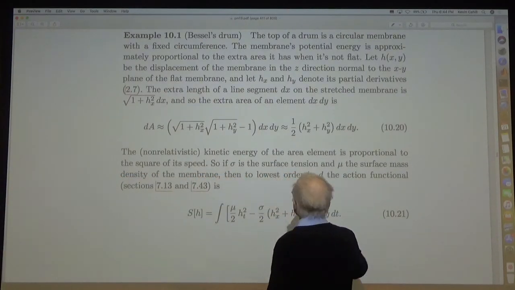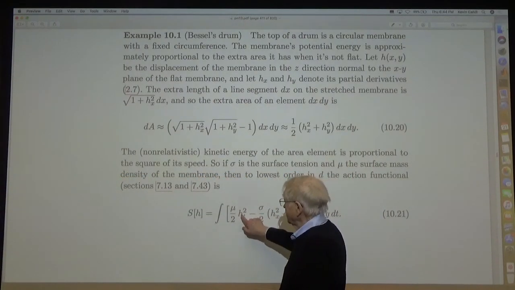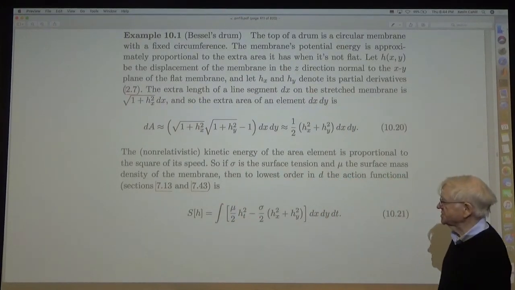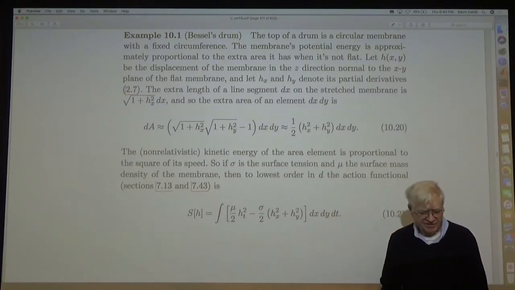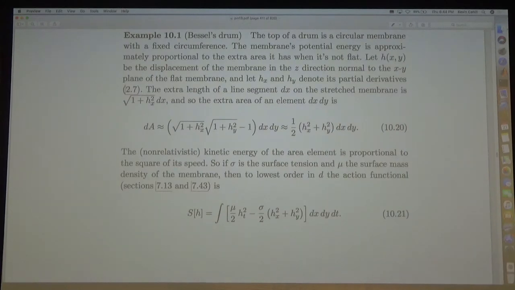The kinetic energy is essentially the square of the speed, so it's the time derivative of the height. And then we have here the potential energy is the sum of the squares of the x and y derivatives of the membrane.